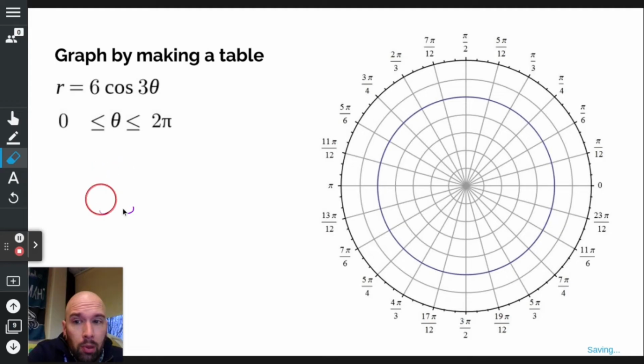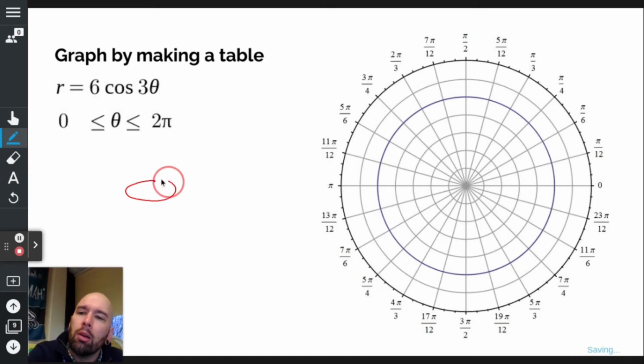Now that we know this is cosine, we can expect 3 petals where 1 petal is going to live right there, and so probably something that looks like this, where these go out to 6. That's what we can expect.